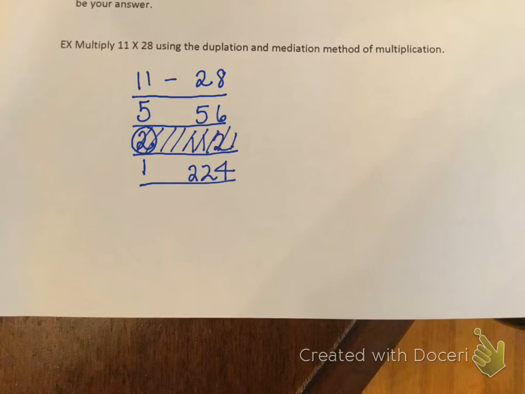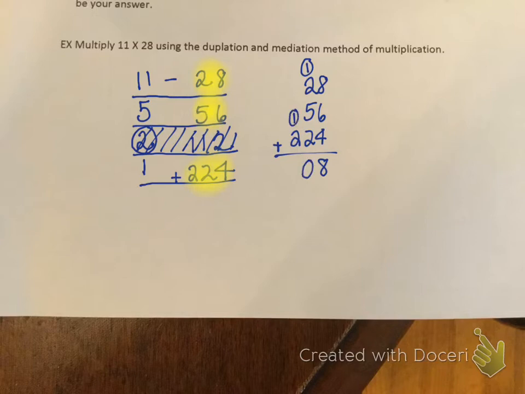What's left in the right-hand column are these digits, which I'm going to add together: 28 plus 56 plus 224. 6 and 4 is 10, 10 and 8 is 18, carry the 1. 1 and 2 is 3, 3 and 5 is 8, 8 and 2 is 10, carry the 1, and 1 and 2 is 3. So the answer to this is 308.